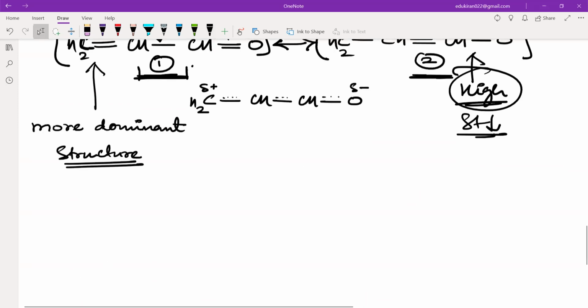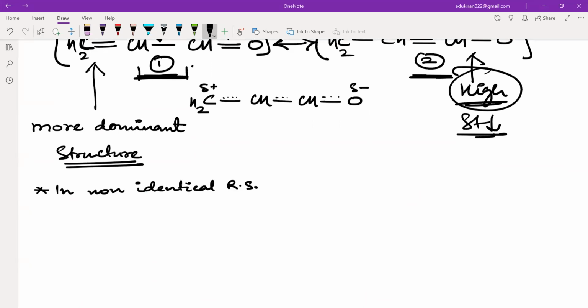So whenever you will have non-identical resonating structures, one of the resonating structures will be most dominant.